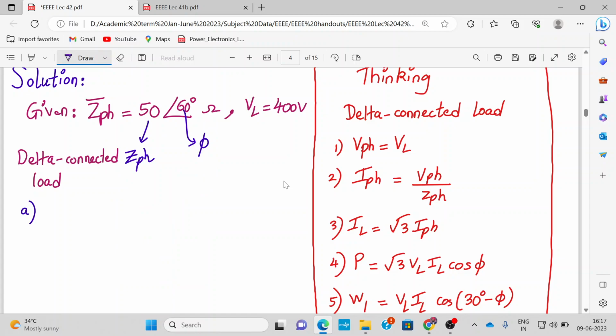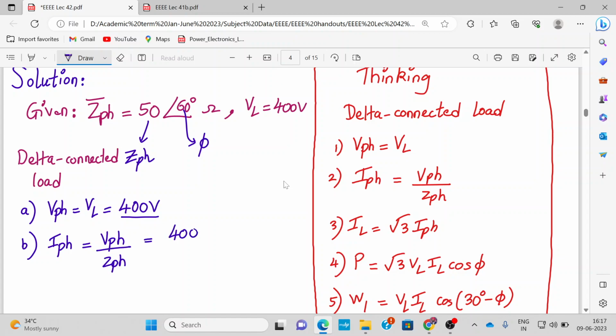In the first case, for a delta connected load, the phase voltage and the line voltage are one and the same. So phase voltage is equal to line voltage is equal to 400 volt. Second, if we know the phase voltage, we can calculate the phase current. So phase current is given by V phase upon Z phase, the magnitude only.